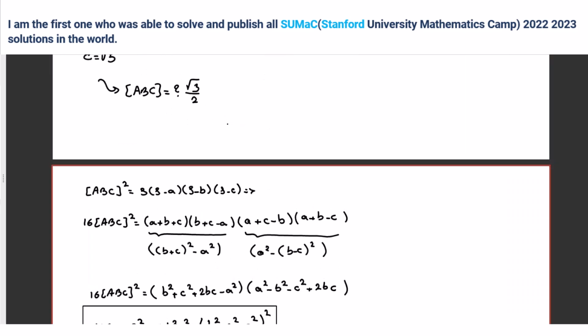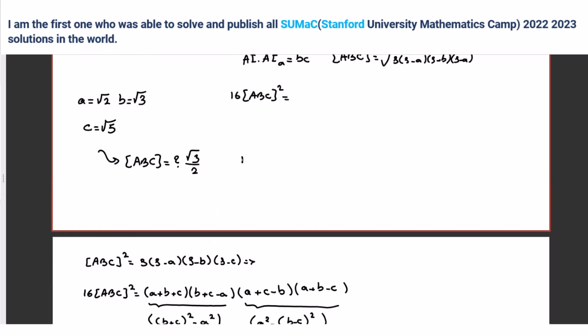Here, for example, we can consider B, C. So 16 times area of ABC squared is equal to 4B squared C squared, which is 3 times 5, minus B squared plus C squared minus A squared, which is 3 plus 5 minus 2, all squared, right? 3 plus 5 is 8 minus 2 is 6. 4 times 5, 20, times 36, so it will be 60 minus 36, which is what? 24.